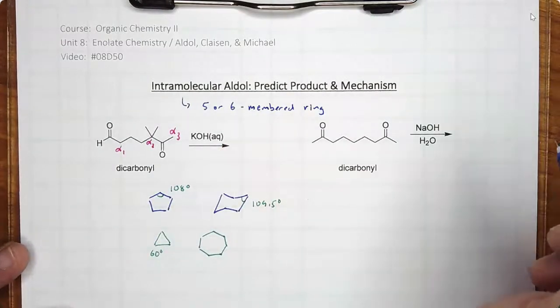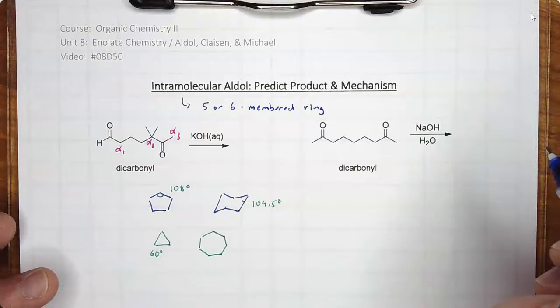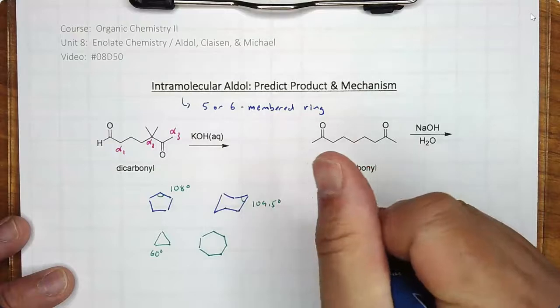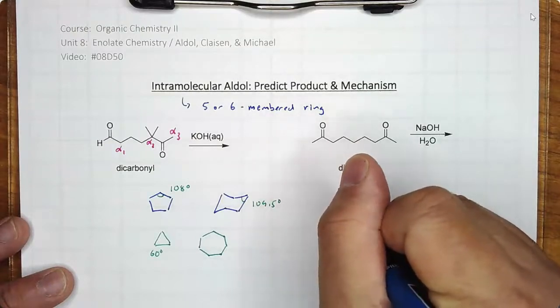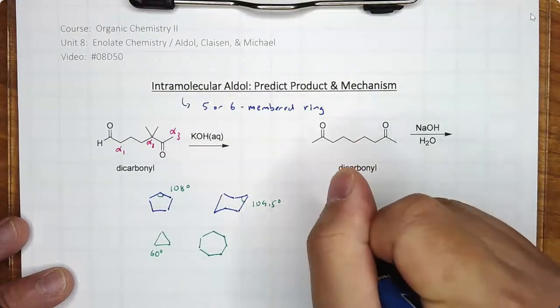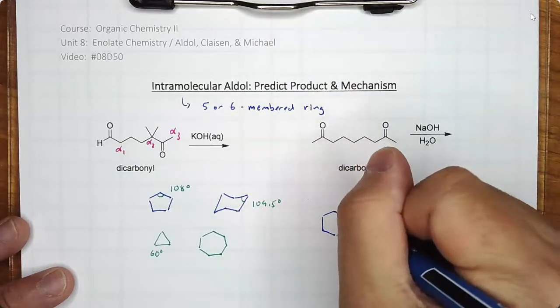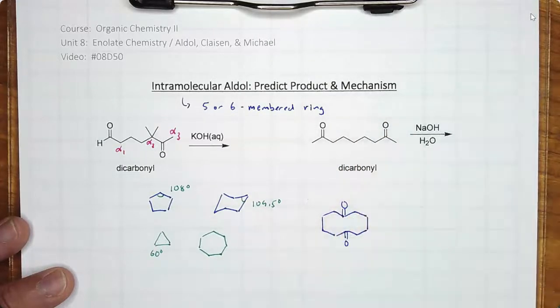There are other examples that I know are hard to visualize, but if you have something like a dicarbonyl that is already cyclic, for instance this, it's very symmetrical.